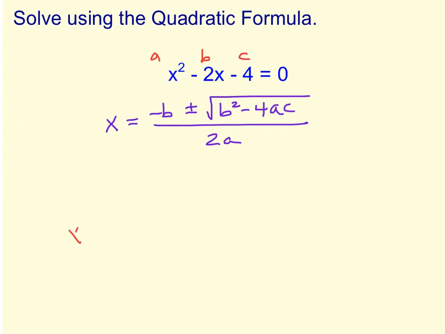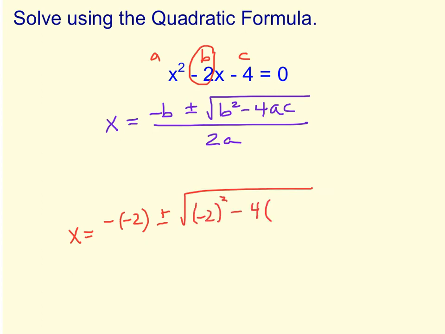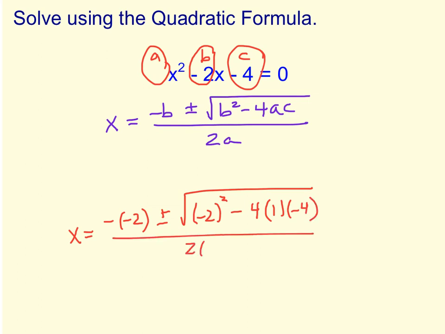So we just plug it in. x equals a negative, b value is a negative 2, plus or minus the square root of b squared, negative 2 squared, minus 4 times a, which is a 1, and times c, which is a negative 4, all over 2 times 1.